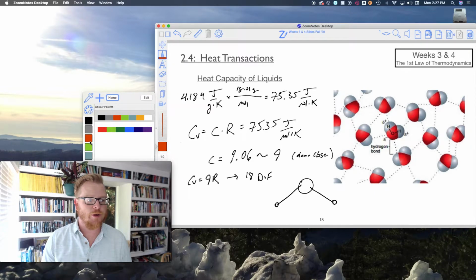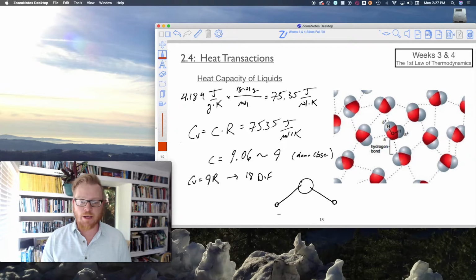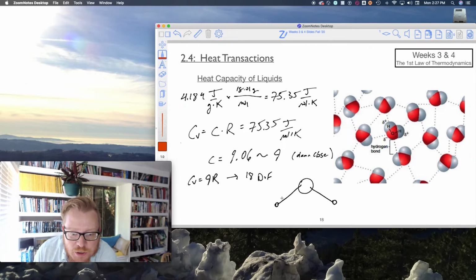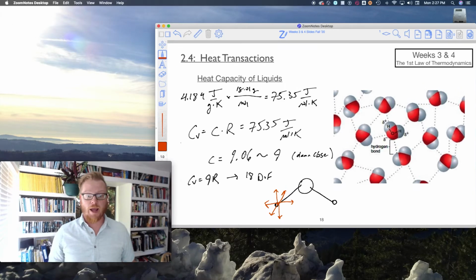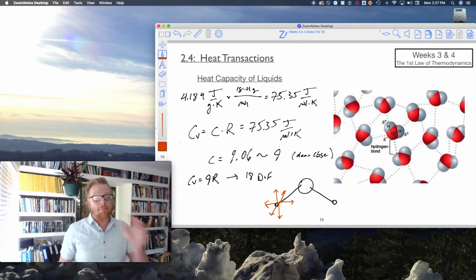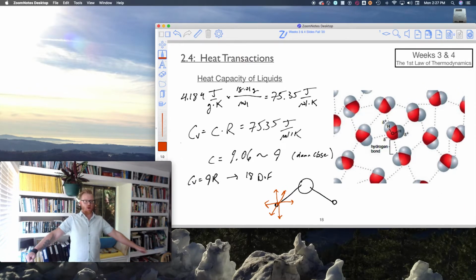Okay, so I'm gonna use a different color. And let's make a coordinate system. So we know that this hydrogen can move forward, backward, left, right, up, or down. Okay? And so imagine like my torso is the oxygen, and each of my hands are the hydrogens.